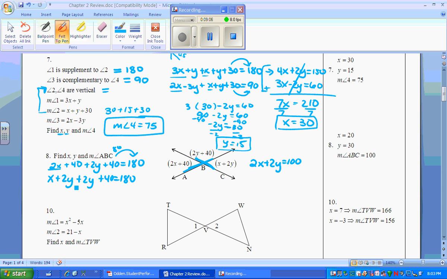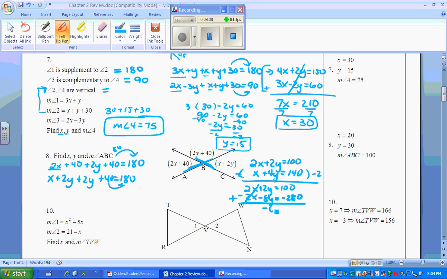And the second equation, we have x and then 4y, so then we get x plus 4y, and then we only have a 40. 40 moves this way, that equals 140. What are you going to get rid of? Let's get rid of the x's, so I'll multiply this one by negative 2. So we got 2x plus 2y equals 100, and negative 2x minus 8y equals negative 280.